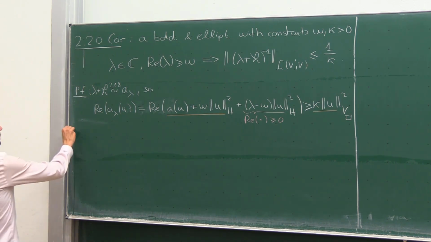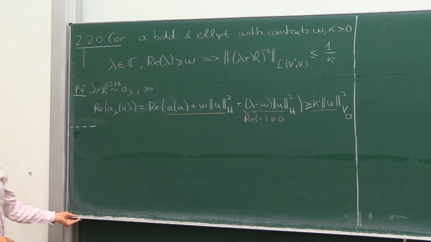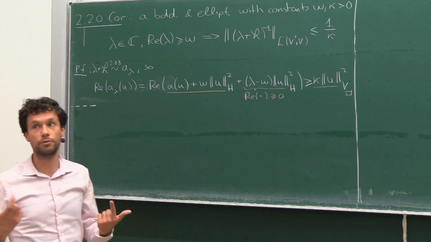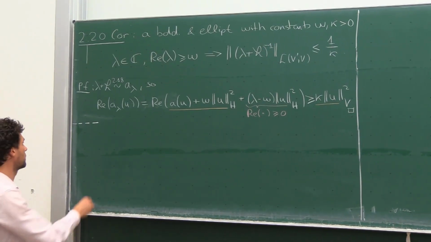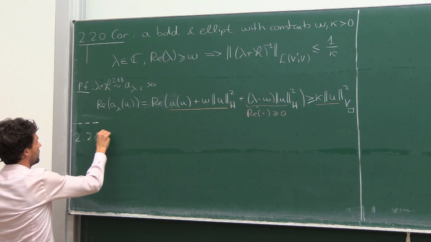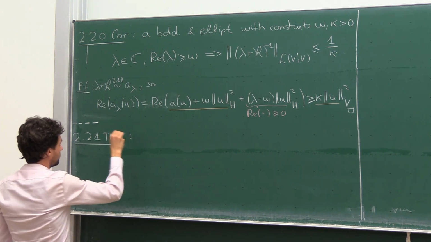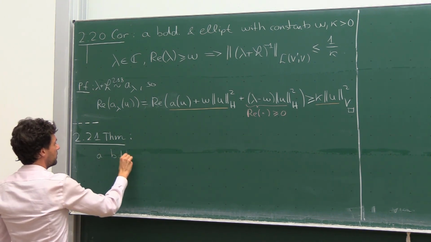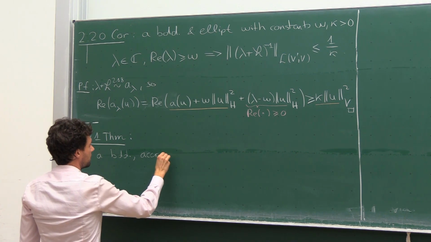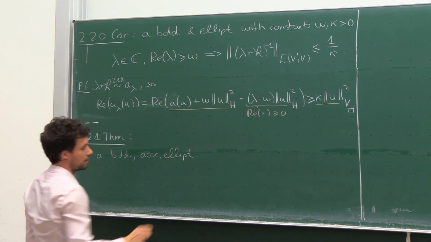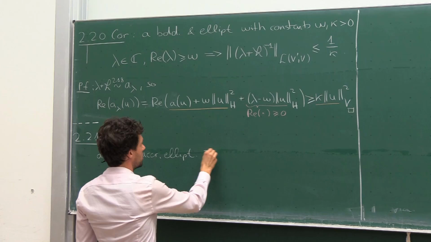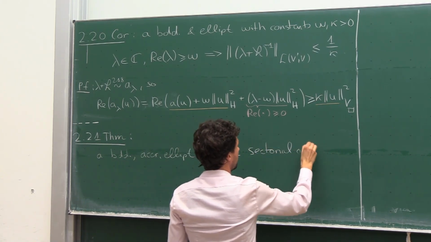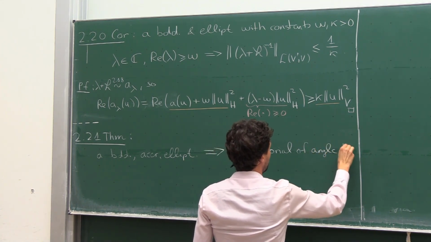Okay. So now let all the notations sit, and let's prove a beautiful theorem using all the formalism that we introduced. Okay, so it's the most important theorem of today's lecture, and it says the following: if A is bounded, accretive, and elliptic, then the associated operator in H, L, is sectorial of angle pi over 2.